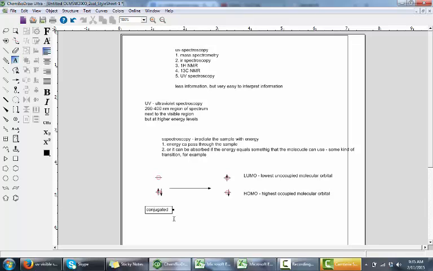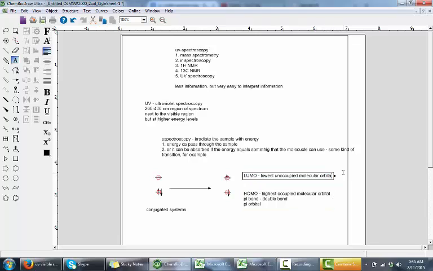We've already talked about conjugated systems in the context of conjugated dienes and Diels-Alder reactions. Now the amount of energy required to go from the HOMO to the LUMO for UV spectroscopy refers specifically to promoting electrons in pi systems. So we can think about these two electrons in the HOMO as being in a pi bond, in a double bond system, and we call this a pi molecular orbital.